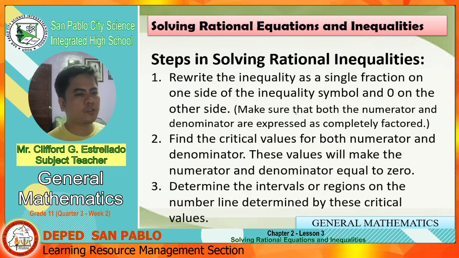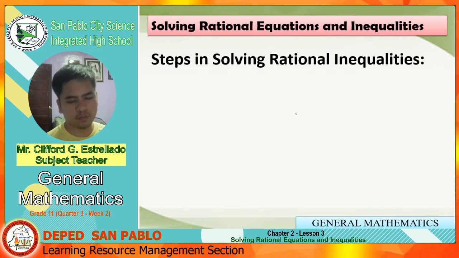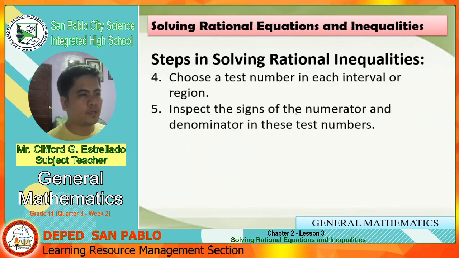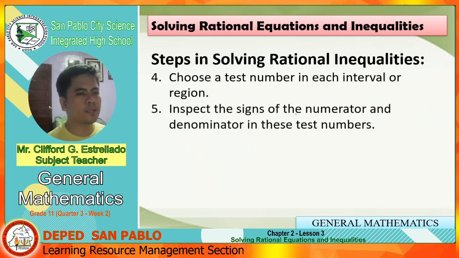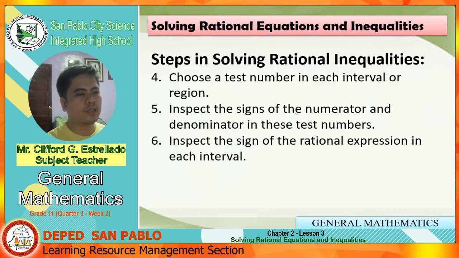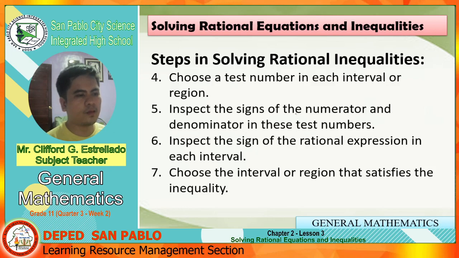Another step is to determine the intervals or regions on the number line determined by these critical values. Next, choose a test number in each interval or region. Inspect the signs of the numerator and denominator in these test numbers. Inspect the sign of the rational expression in each interval. Then choose the interval or region that satisfies the inequality. Okay? So we have 7 steps for solving rational inequalities.